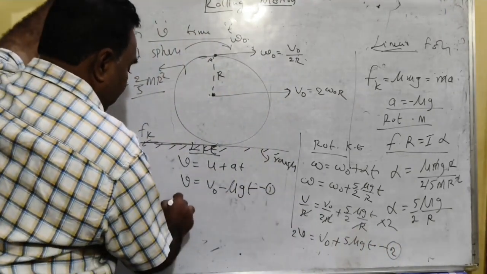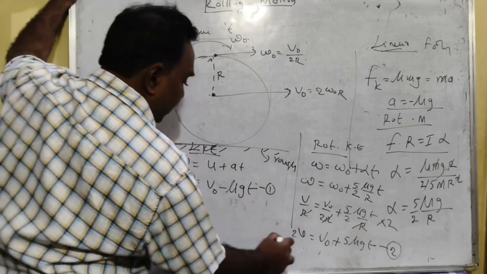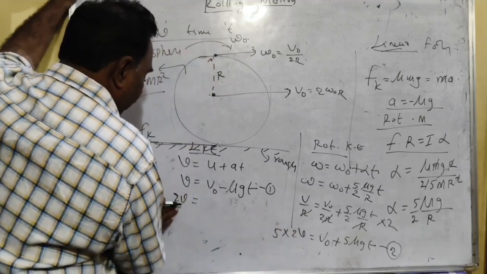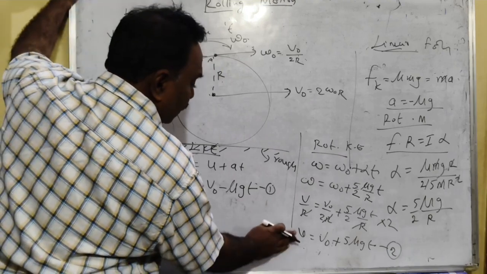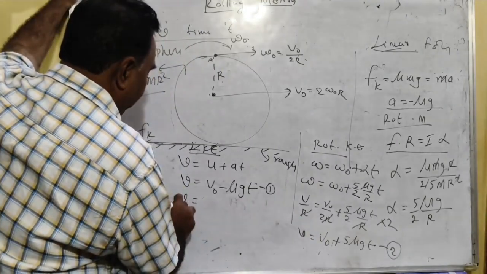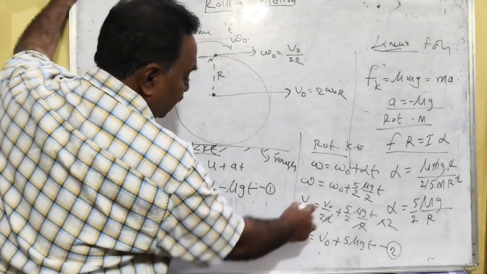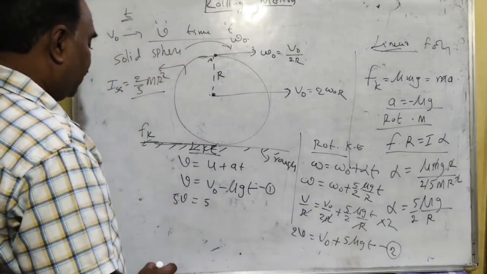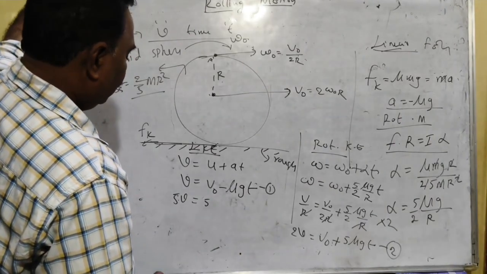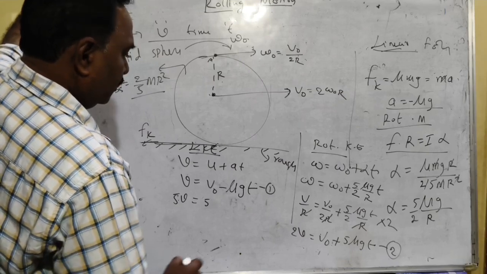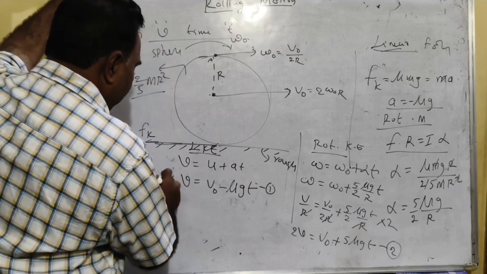By solving equations 1 and 2, the first equation is multiplied with 5.